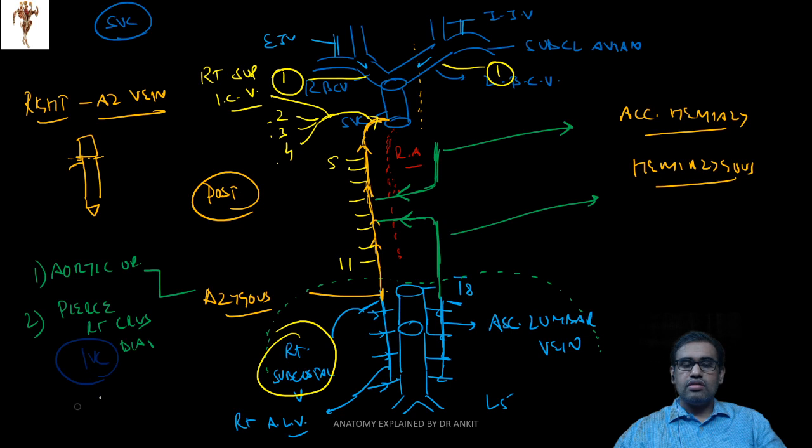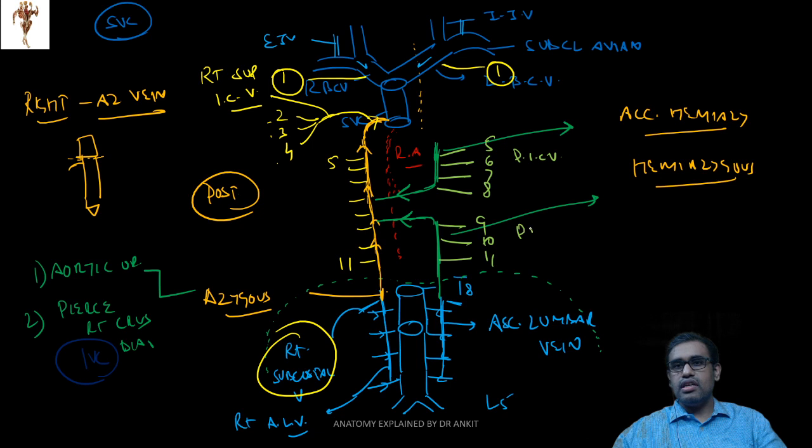The veins which drain over here are the left sided 5th, 6th, 7th, 8th posterior intercostal veins. And lower down, the 9th, 10th and 11th posterior intercostal veins on the left side.